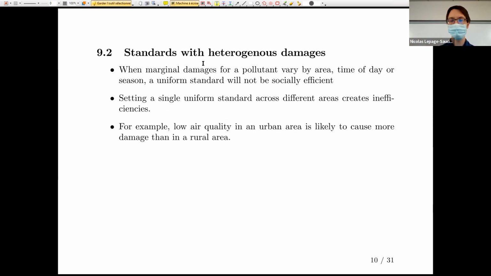So, standards with heterogeneous damages. The damage that the same pollutant can have may vary at different times and in different places.